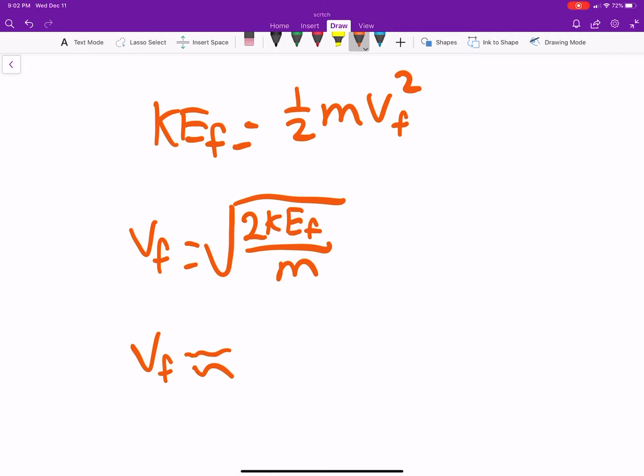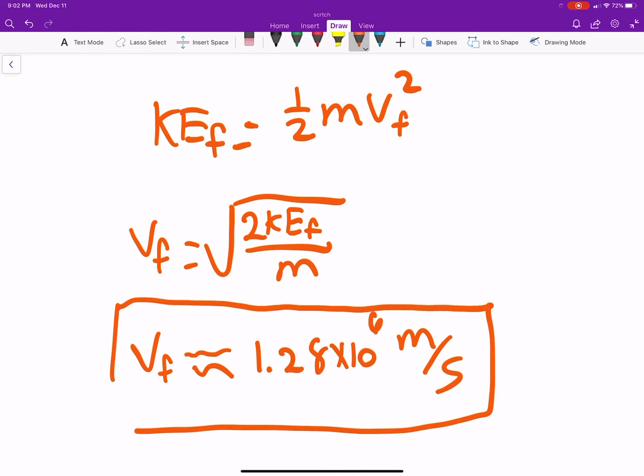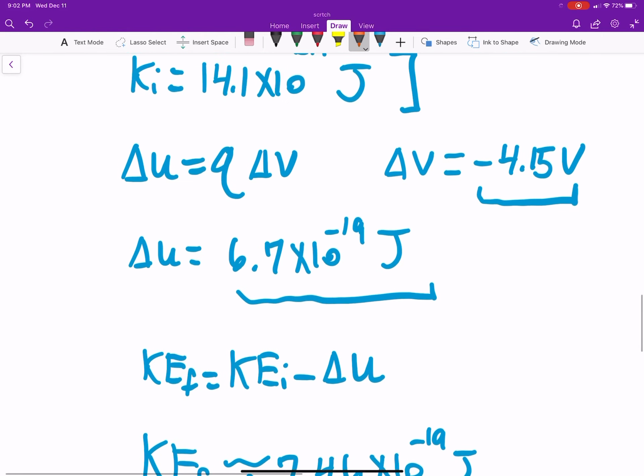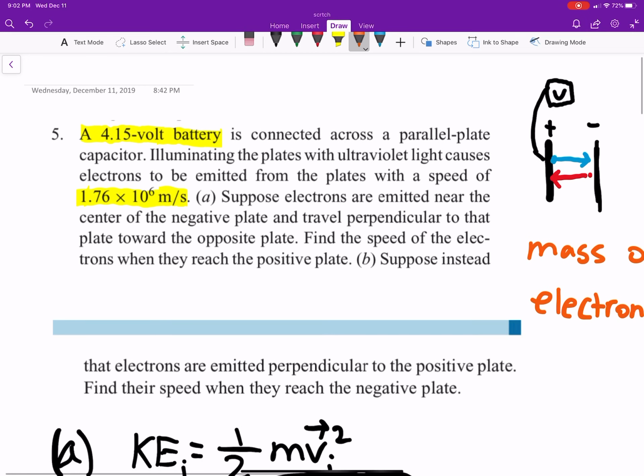You should get 1.28 times 10 to the 6 meters per second. And that's how fast the particle is going to be going if instead of going from negative to positive, you're going from positive to negative. And that should make conceptual sense.